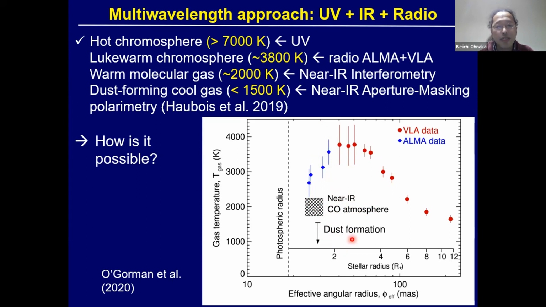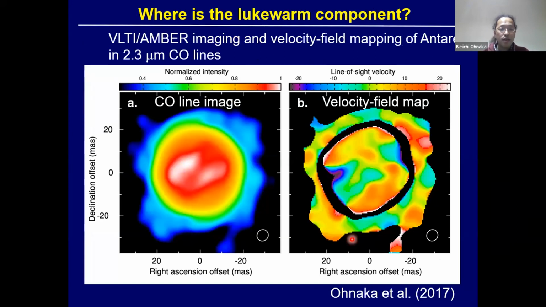So the question is, how is it possible, especially if we take a look at the near-infrared images of Antares. So these are the images taken with the VLTI AMBER in the 2.3 micron CO lines. The left panel shows the image reconstructed in the CO line. We can see two bright regions over the surface and the irregularly shaped extended atmosphere.